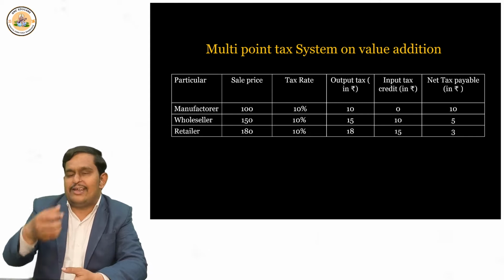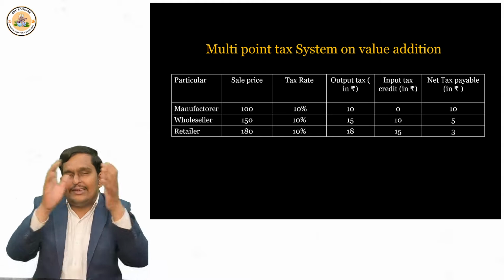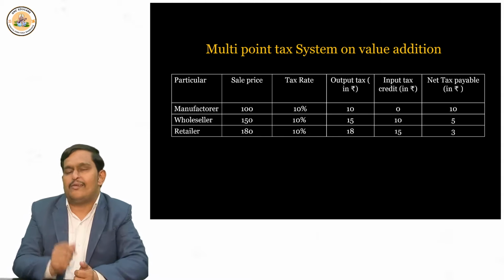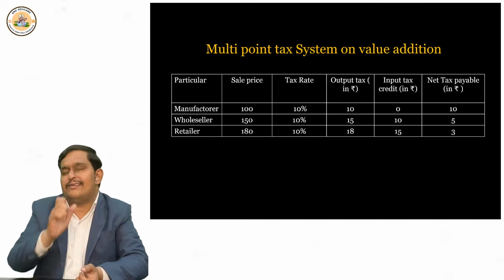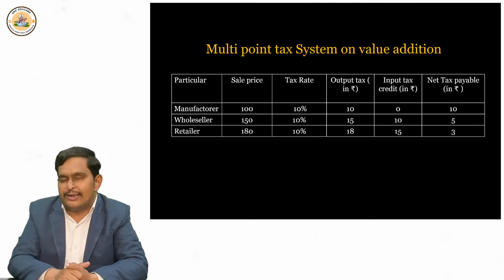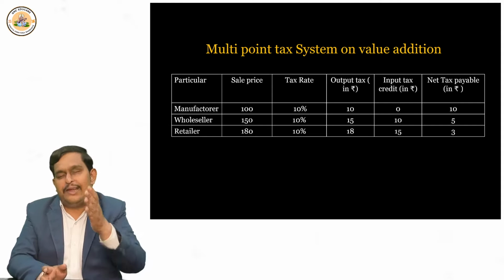So at every stage, are we paying tax on the entire value? The answer is no. We are paying tax only on the value addition, only on the new additional value created, right? There is no double taxing of the same value.